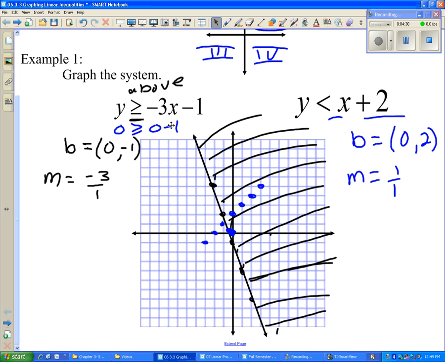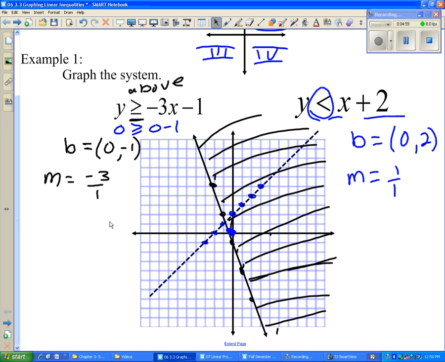Since there is no equals, it is just less than, I want to make it a dashed line. So I'm going to pick this purple dashed line because that's the only dashed line I have up there. I'm going to draw it in, and that's off a little bit, so I'm going to fix it. There's my dashed purple line.